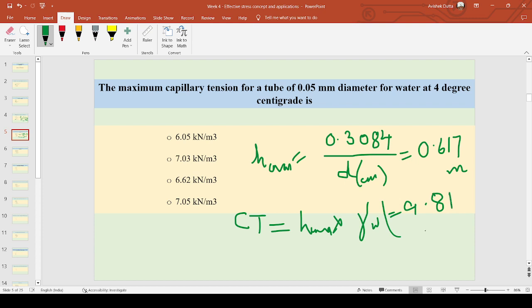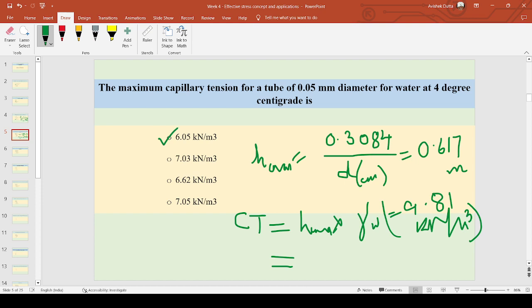Here we are taking gamma W as 9.81 and not 10 because the value of gamma W is very crucial to get the right answer. So we cannot let any mistake happen because of the decimal places. Multiplying this, we'll get 6.05. The answer is 6.05 kilonewton per meter square.